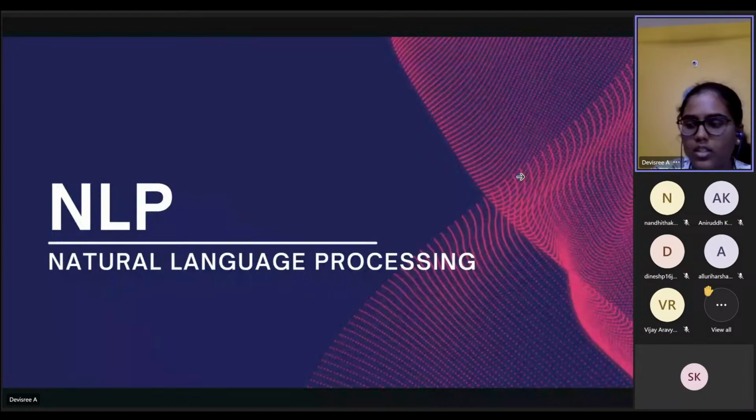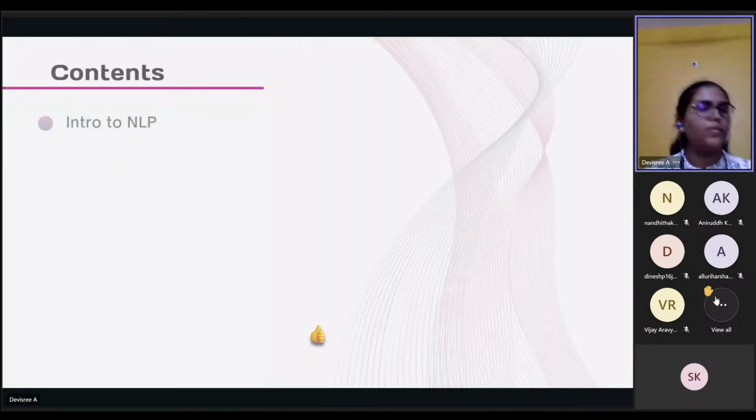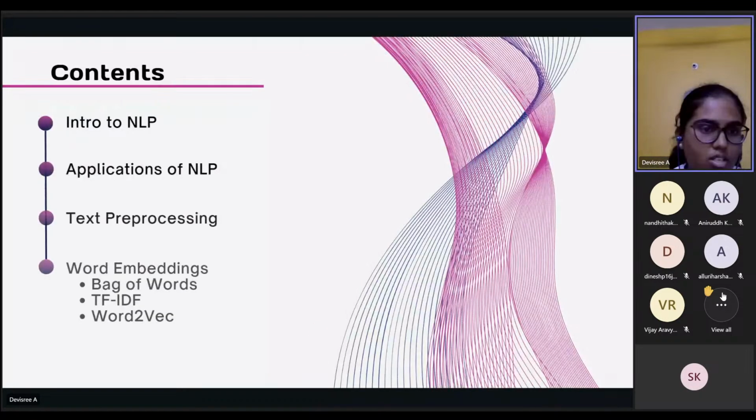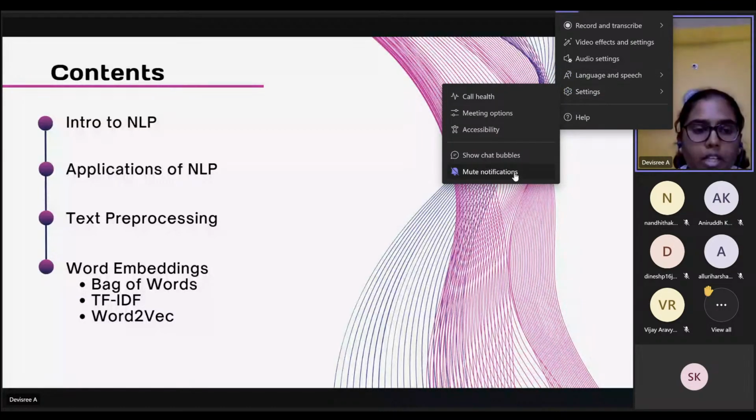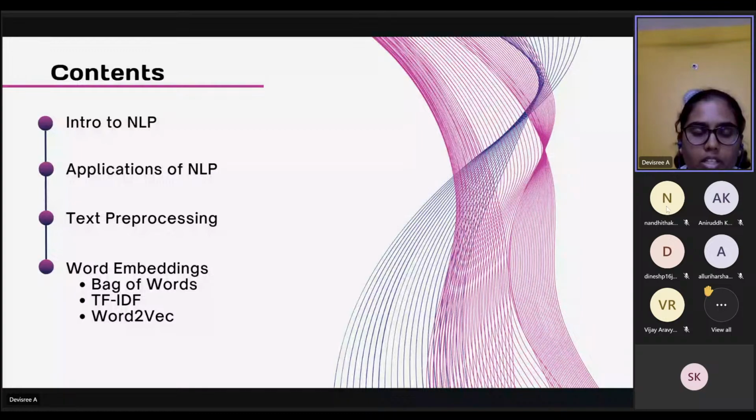Okay. So NLP. First I'll take you through the contents of what all we'll be learning in NLP. First, I'll give you the introduction, then the applications of NLP. Next, text pre-processing, which is one of the most crucial steps in NLP for any real-world NLP model.